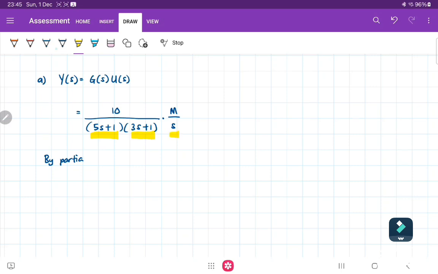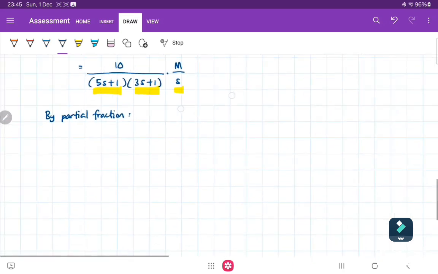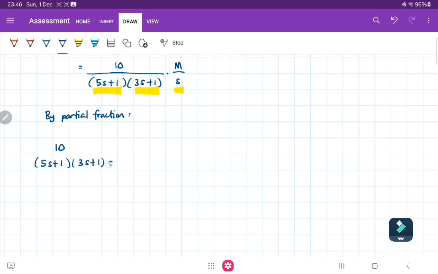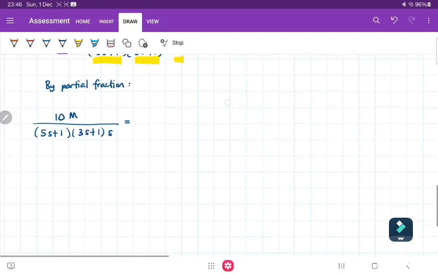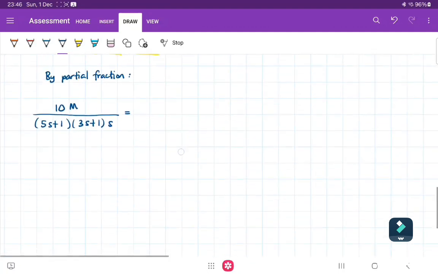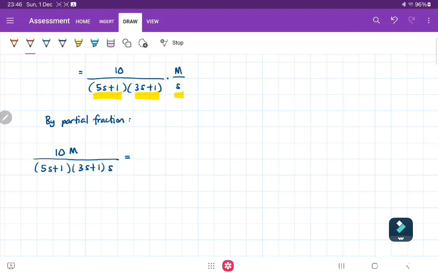So by partial fraction, we have 10 over (5s plus 1)(3s plus 1)s, times m, equals... since our roots are what we call real and distinct roots.